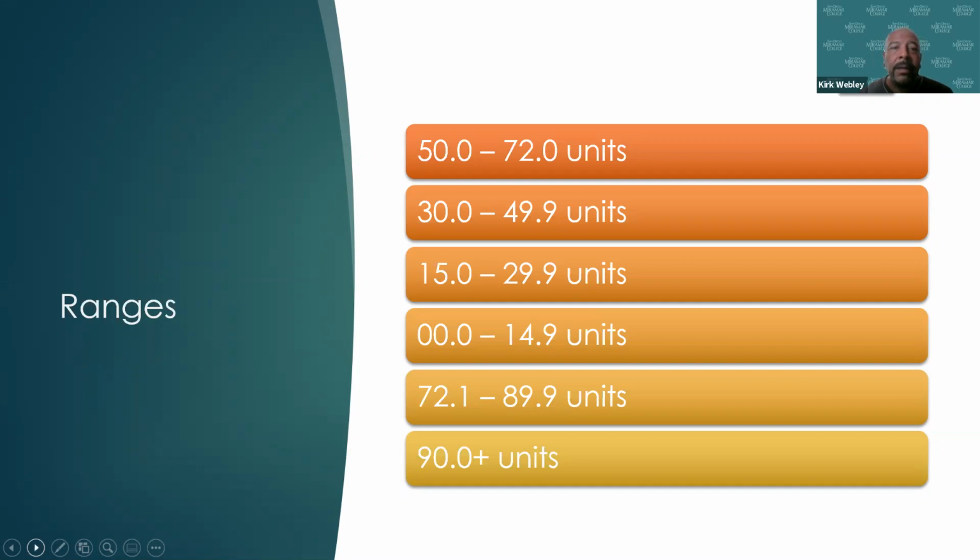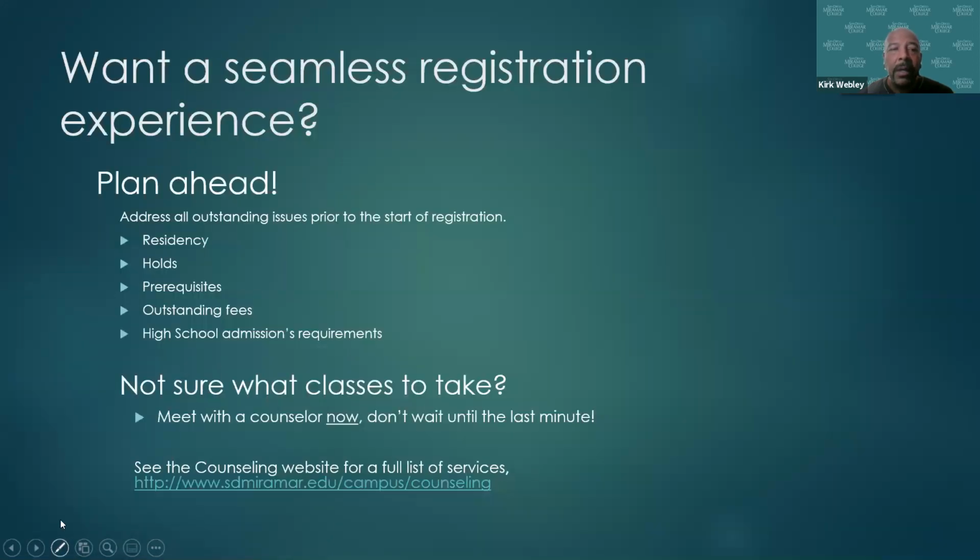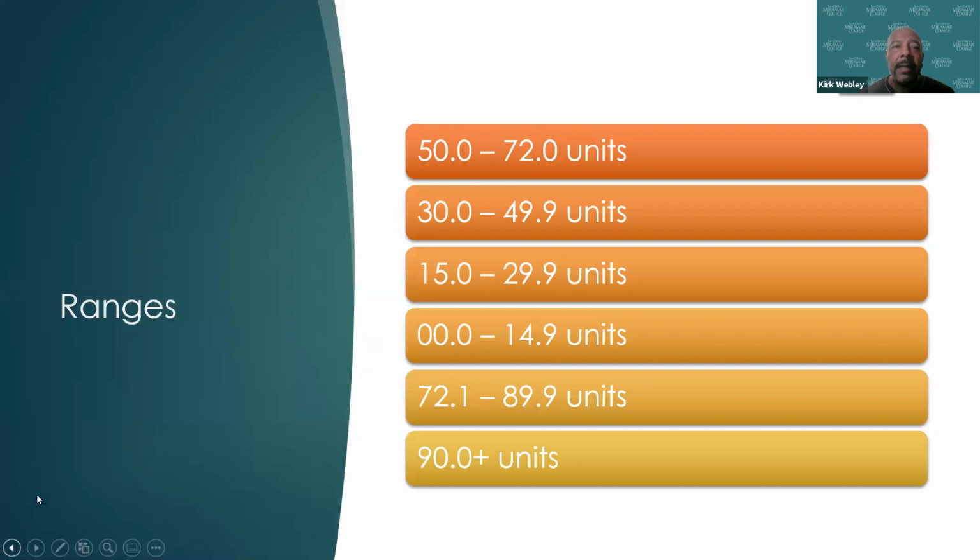The priority is given to those individuals who are close to completing a degree or preparing for transfer. So as you increase your unit load, you become a little bit more important in terms of our priority. As you get closer to completing, we want to make sure that those particular courses that may be your last few courses are available to you.